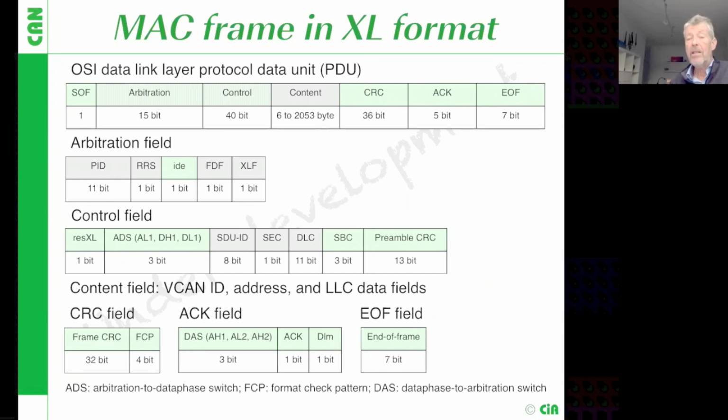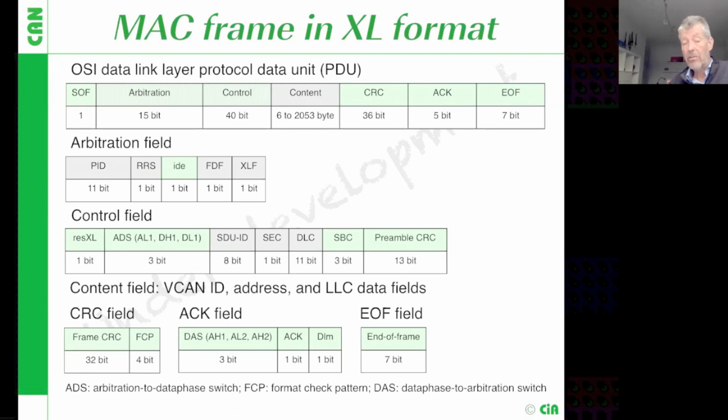The acknowledge field is not just a 2-bit field, it's now a 5-bit field because we need also to switch back from the higher speed to the lower speed. And this is the data phase to arbitration switch containing the AH1, AL2, and AH2 bits to integrate all the nodes into the lower speed again.